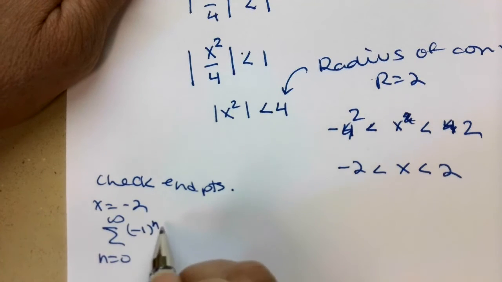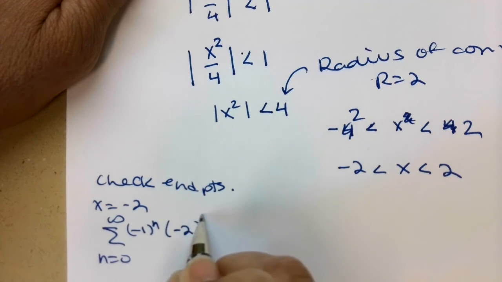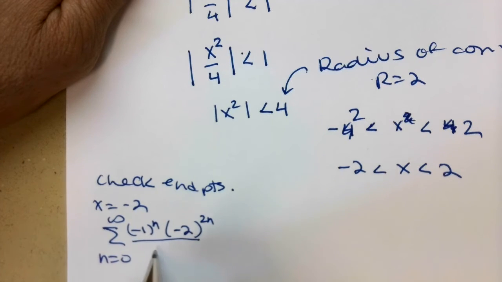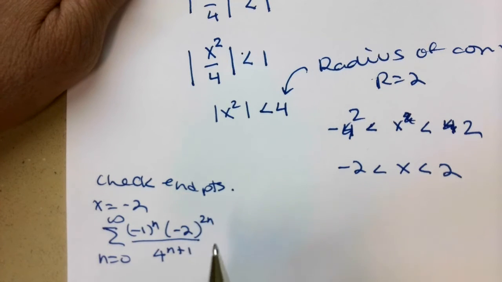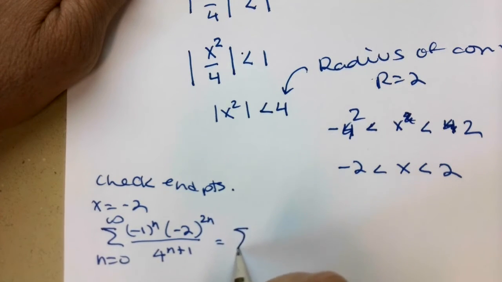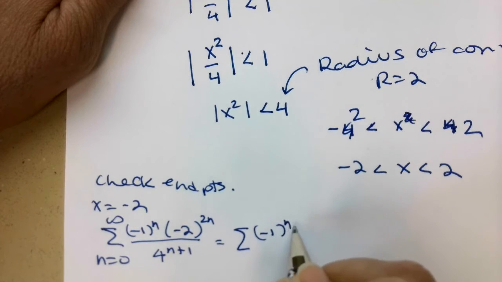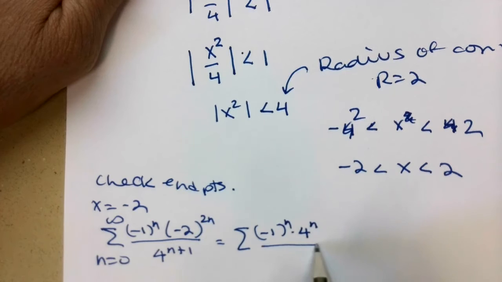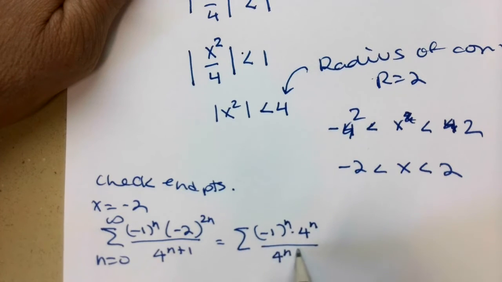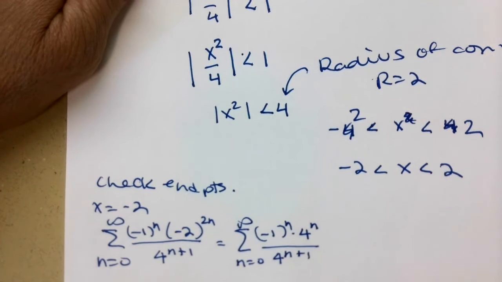I have x being replaced with a negative 2 to the 2n over 4 to the n plus 1. So negative 2 squared, that'll be positive 4 to the n, and then it's over 4 to the n plus 1, n equals 0 to infinity.